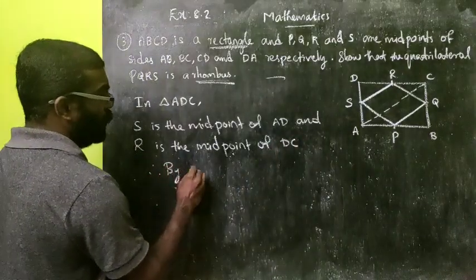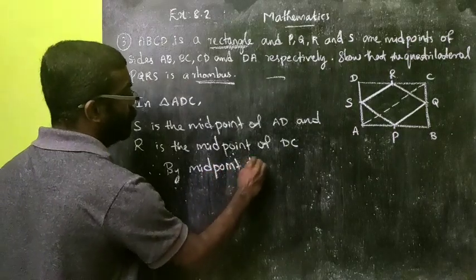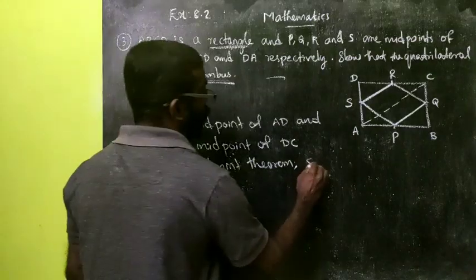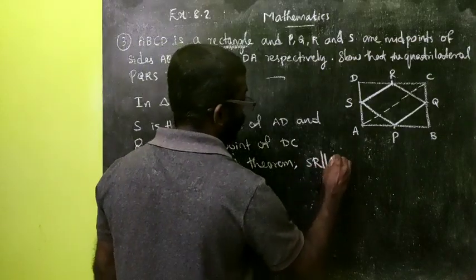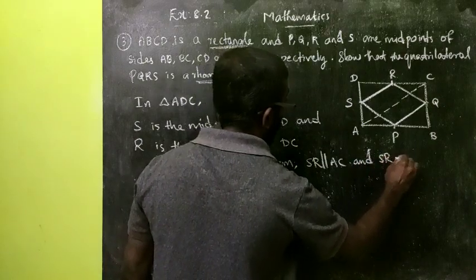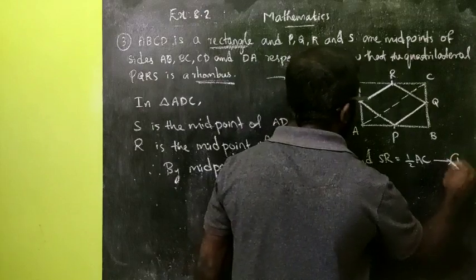Therefore, by midpoint theorem, SR parallel to AC and SR equal to half AC. Take it as equation 1.